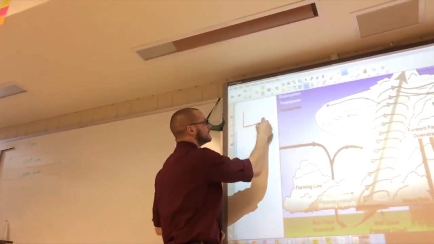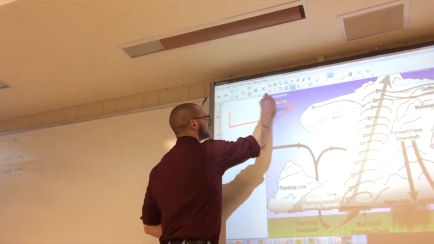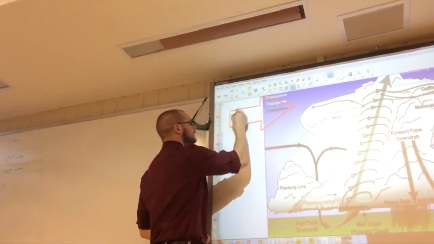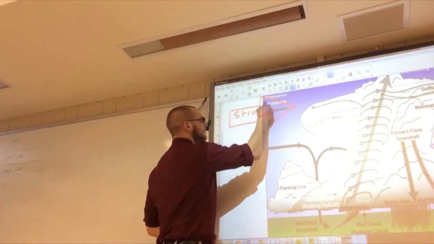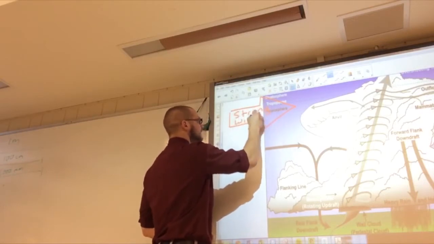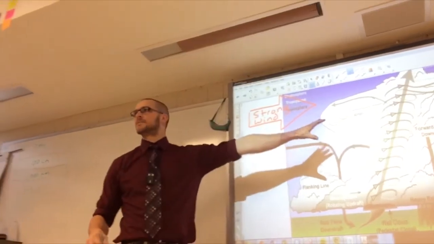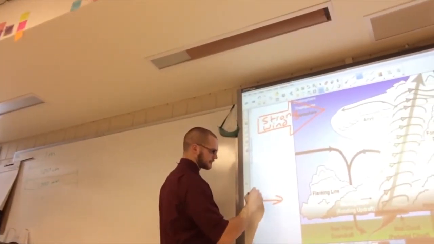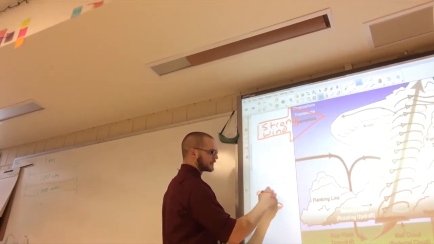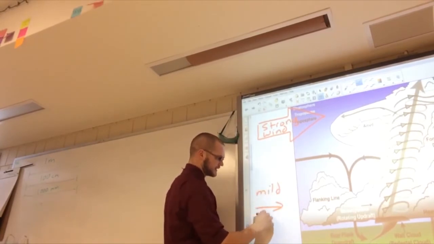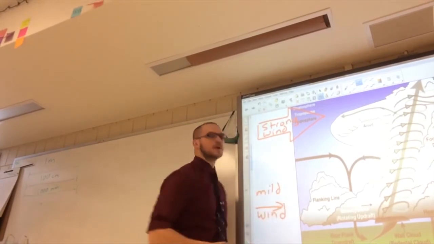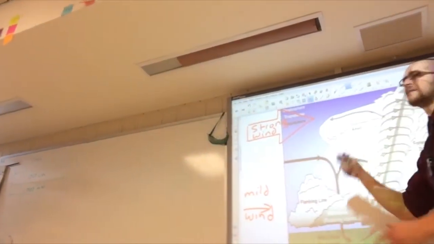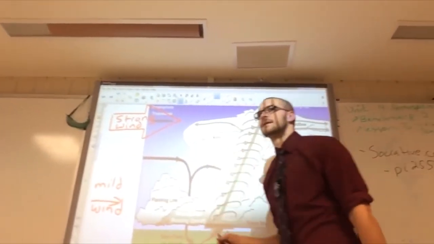What you need to have is a strong wind towards the top, but a weaker wind down here at the bottom. Let's call it a mild wind. So a strong wind up at the top is kind of pushing it over.